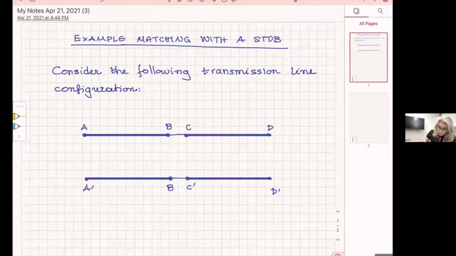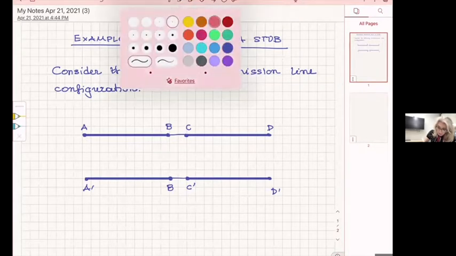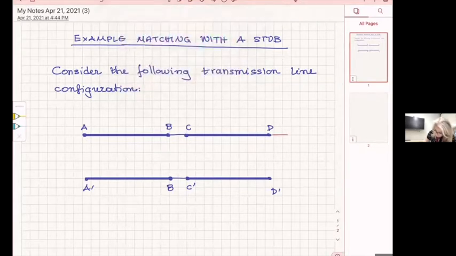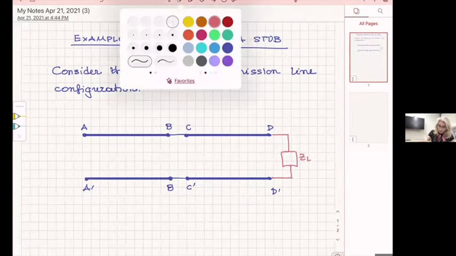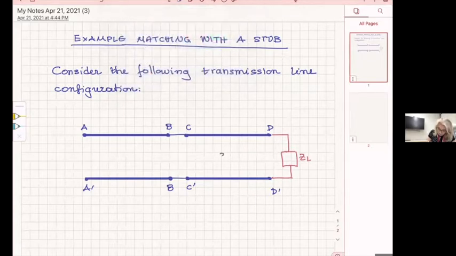And then at the end, we have a load, ZL. And we have Z naught here, Z naught there.